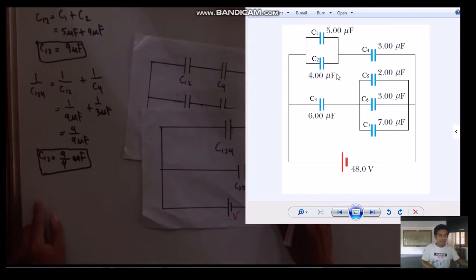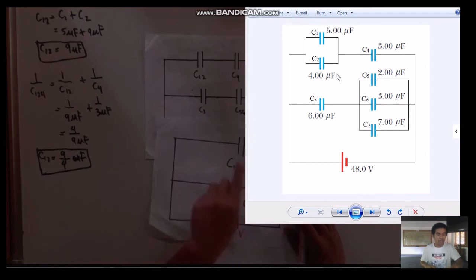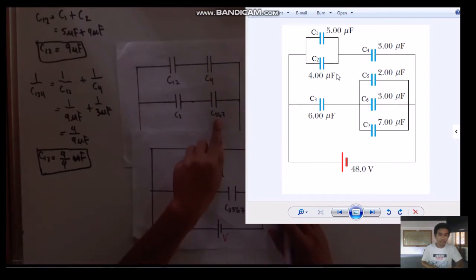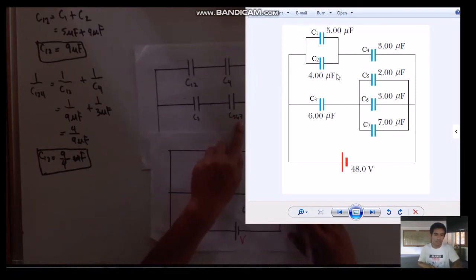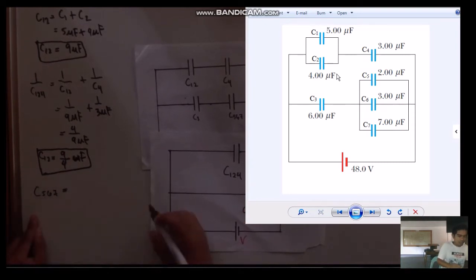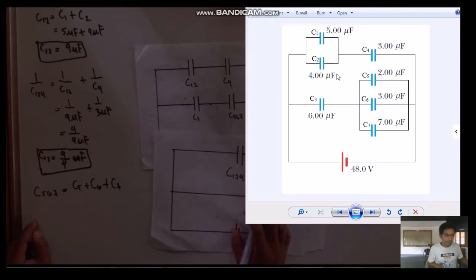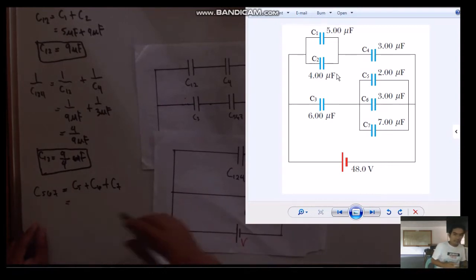Okay, next. So you have C124. How about the combination of C5, C6, and C7? C5, C6, and C7 are parallel to each other. Then the equivalent capacitance of C567 must be equal to C5 plus C6 plus C7. What is C5?